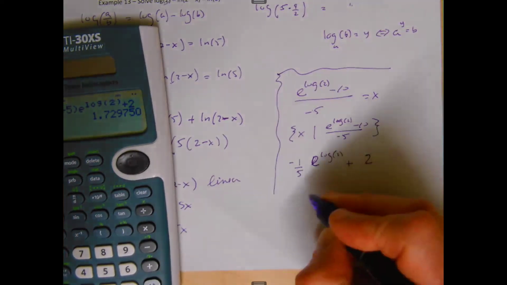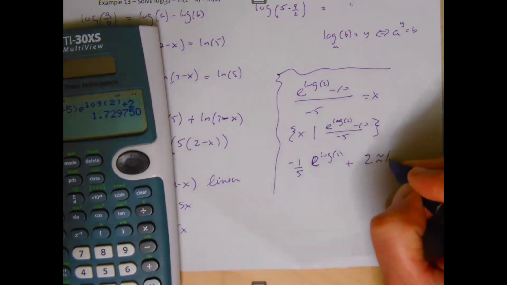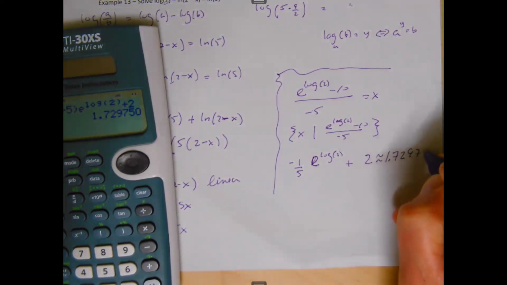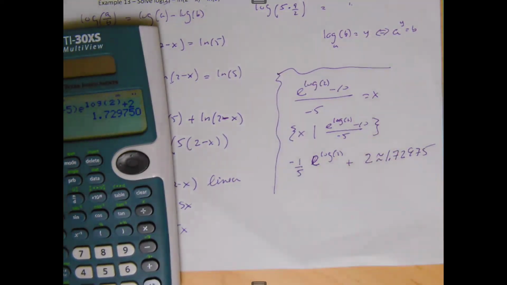And this is approximately 1.729. I'm going to write a few more decimals. 975.